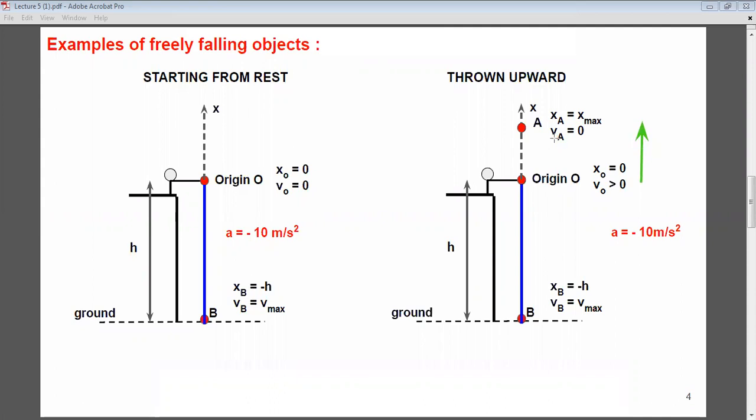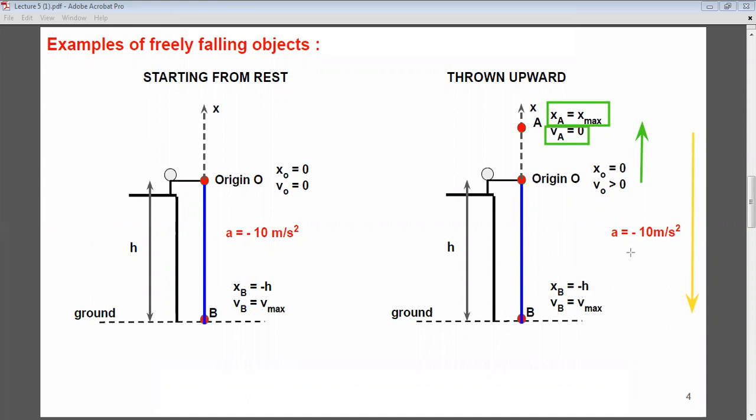If it stops, it implies its velocity will be 0 and its position will be maximum. Then it will start going down, speeding up, speeding up until it's about to hit the floor. So VB will still be maximum, just like previously, and the x of B is still minus h.